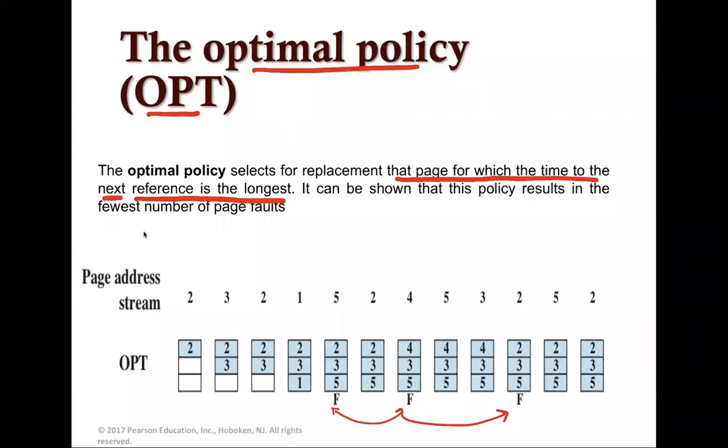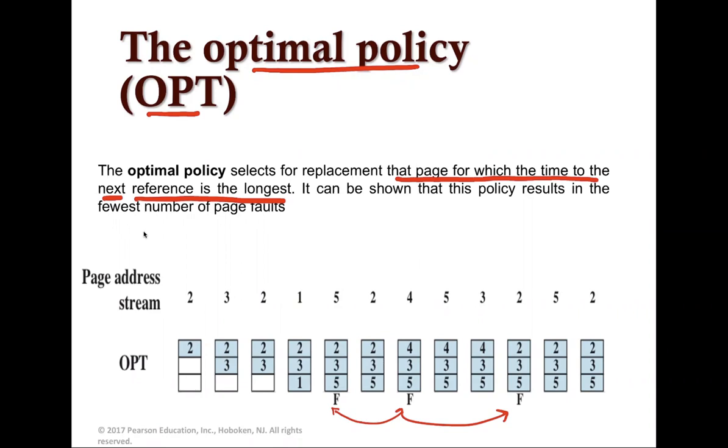This example assumes that we have a fixed frame allocation and fixed resident set size for this process, and the process has 3 frames. The execution of the process requires references to 5 distinct pages, from page 1 up to page 5.